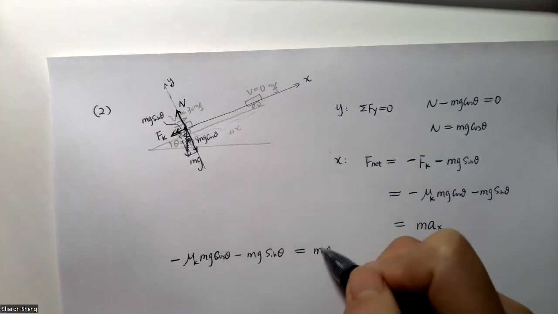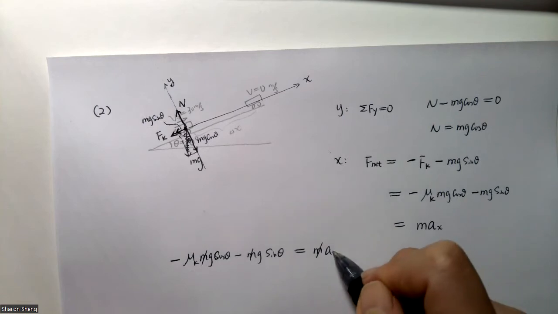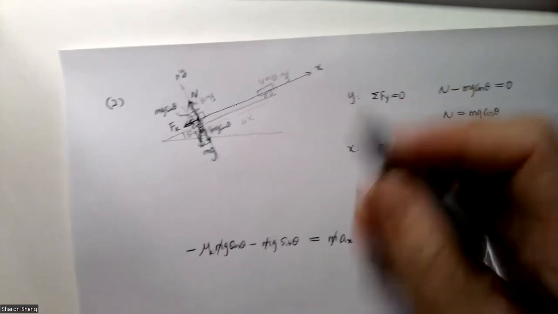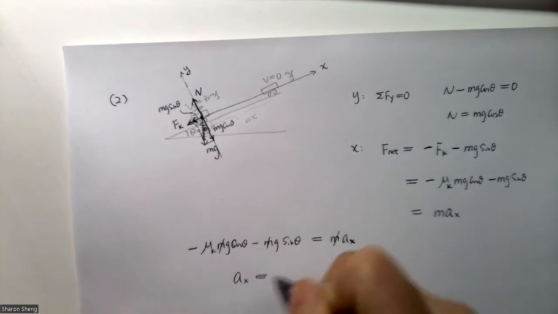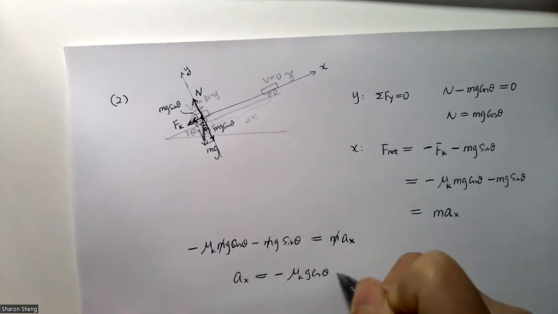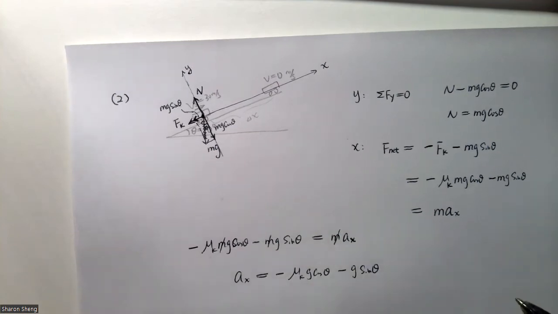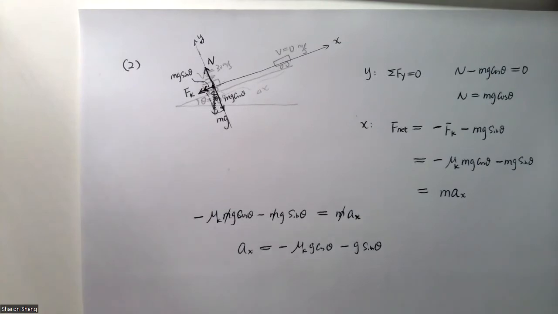And then we see m cross out. We'll get the acceleration along x direction. So ax equals negative mu k g cosine theta minus g sine theta. Still, they're all symbolic expressions. I don't have numbers.